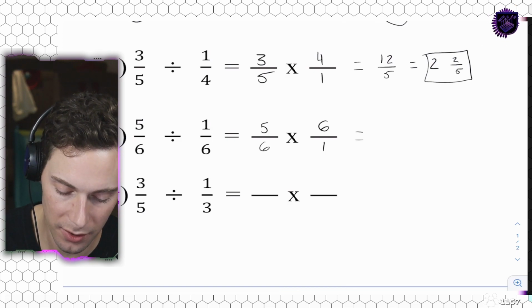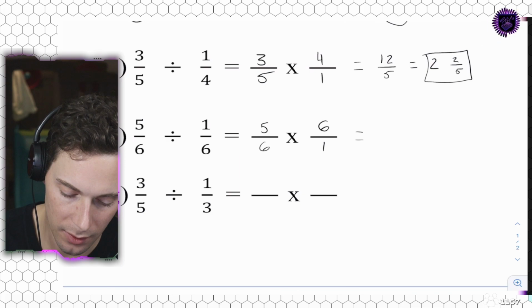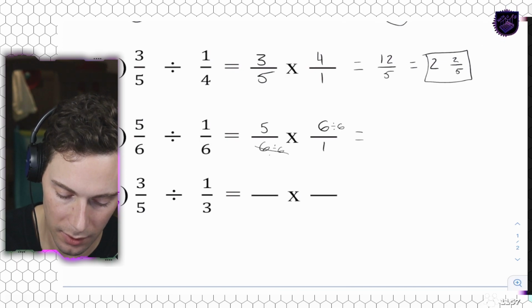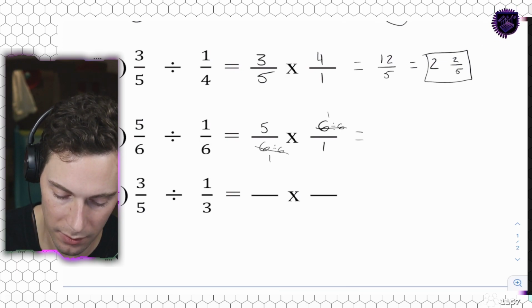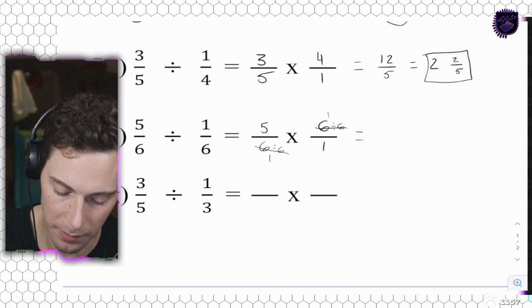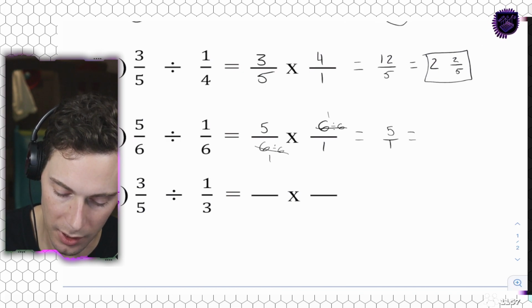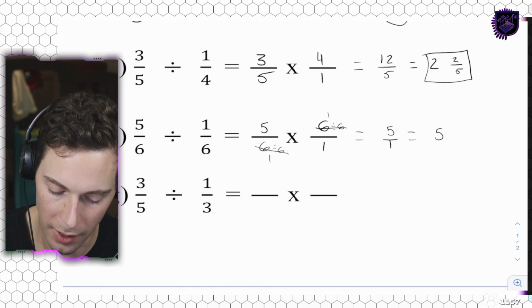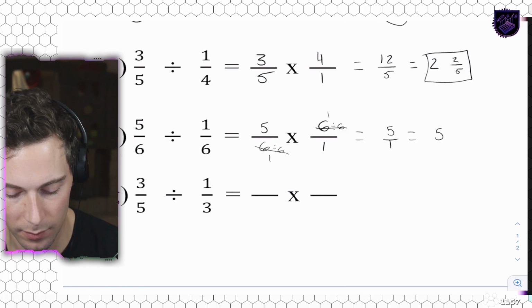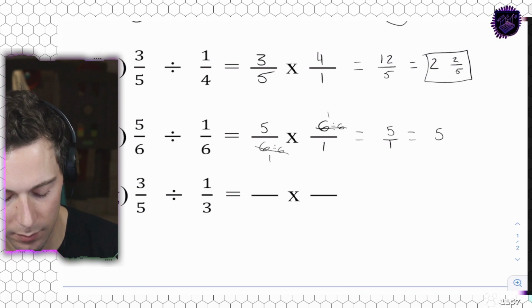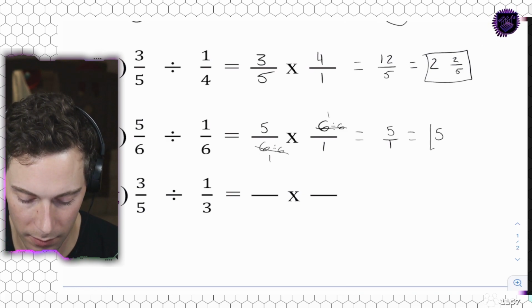Oh, we can actually simplify, because the GCF of this and this, that's going to cancel to 1. That'll cancel to 1. Save us some simplifying in the future. This is going to equal 5 over 1, which is going to equal 5. Final answer.